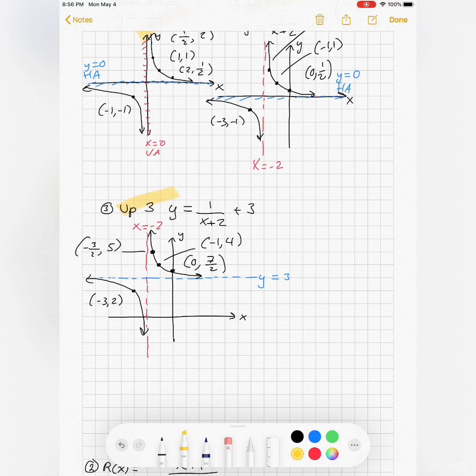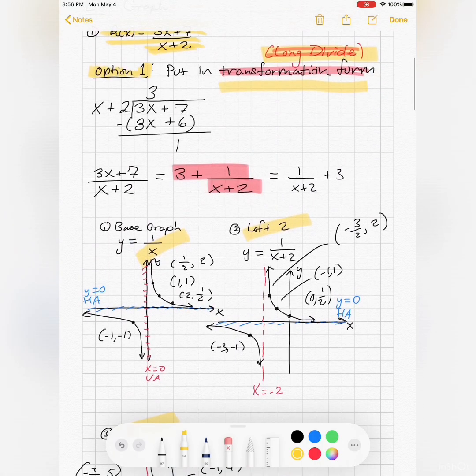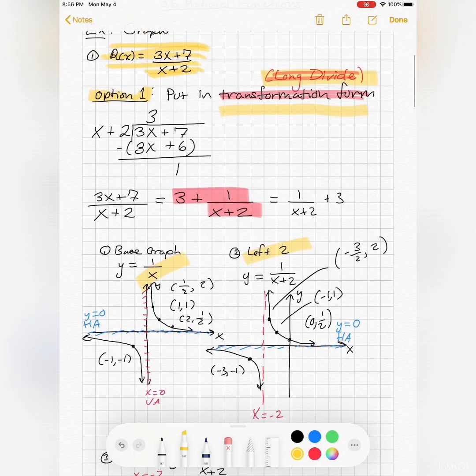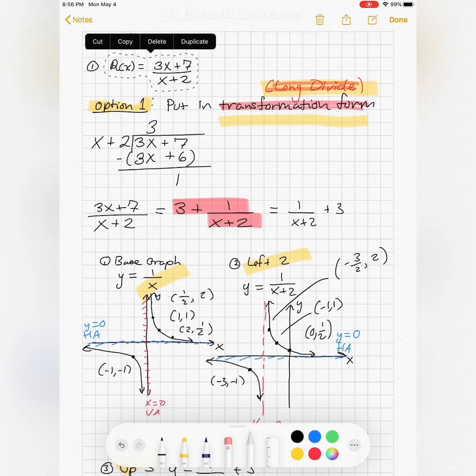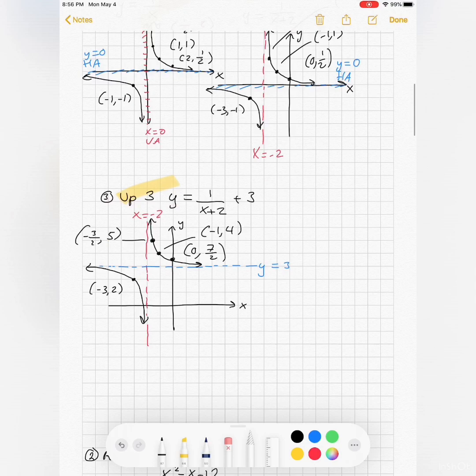I end up with a nice, complete final graph, but that was a lot of work. So what is option 2? I do have another option. I'm going to say option 2.